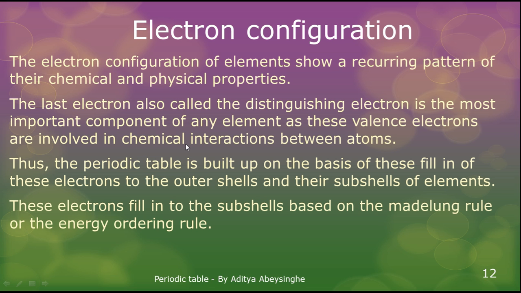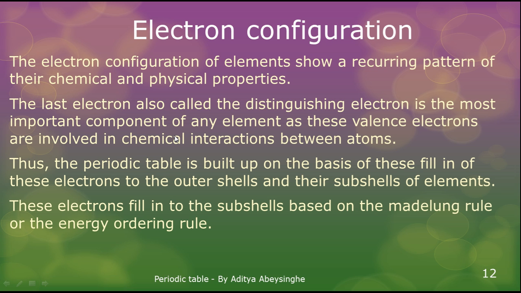Another importance of the last electron is in chemical reactions. For example, when we need color changes to identify elements or compounds, we need to understand how the last electron contributes to these chemical interactions.